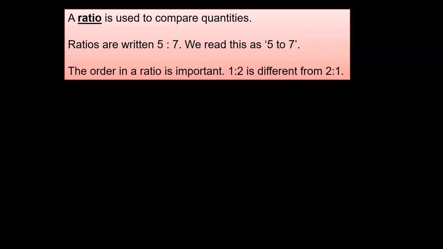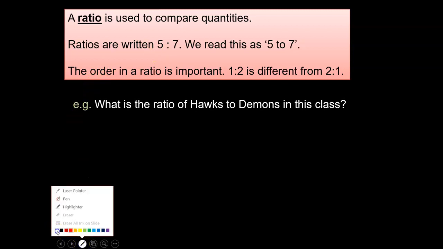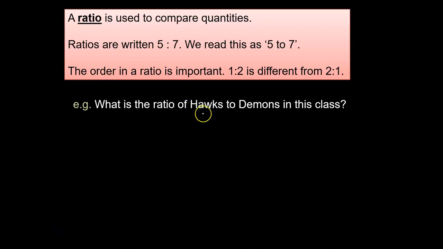As I said before, the order of a ratio is really important. 1 to 2 is a different thing from 2 to 1. So let's imagine we wanted to know the ratio of Hawks to Demons fans in the class. Now, I'm not going to ask you, but let's say that we had 6 Hawks fans and 7 Demons fans.